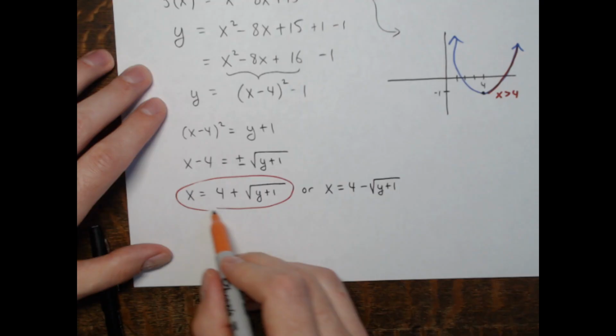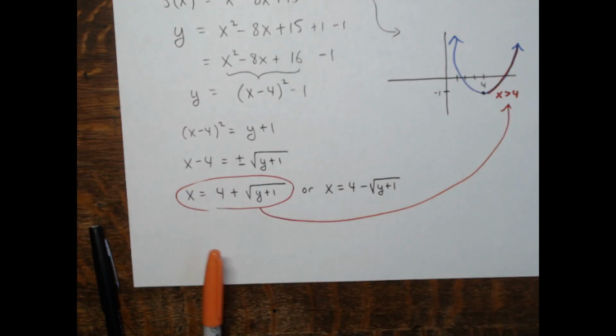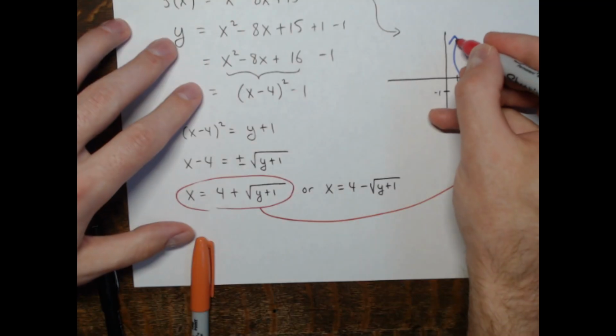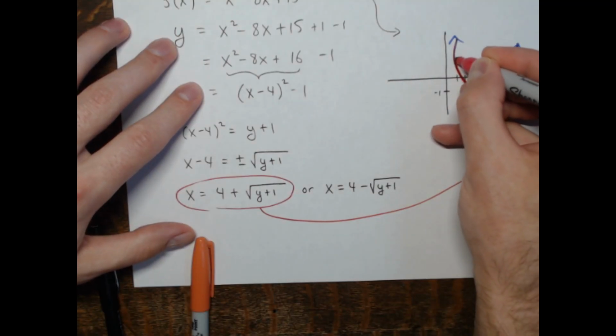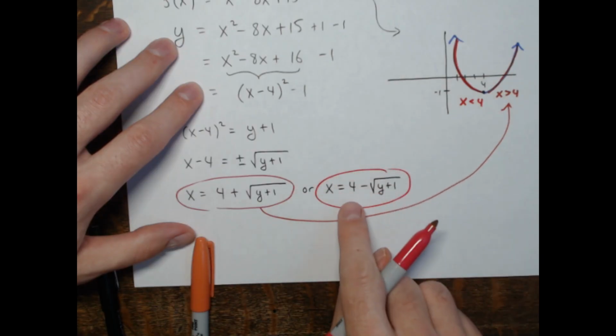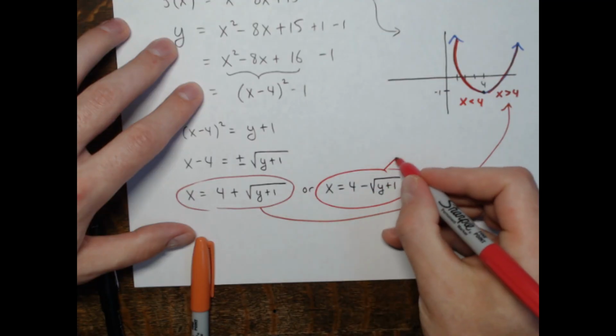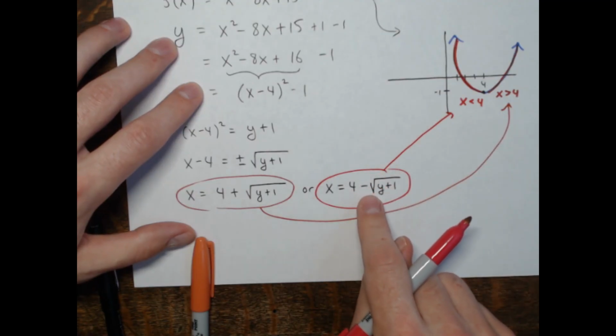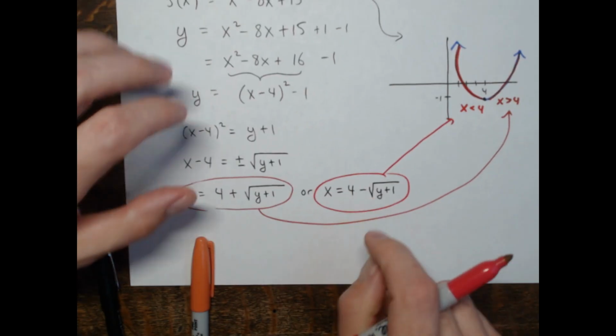So that would be this curve here. But the one we wanted was the left side. On this part of the curve, the x coordinates are smaller than 4, and that would be this one with 4 minus something positive. So this is our function of y on the right curve.